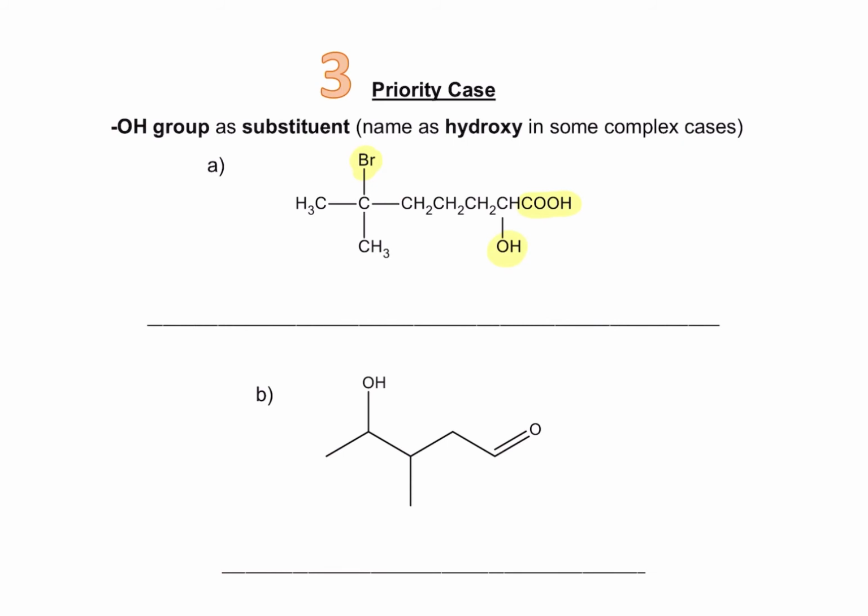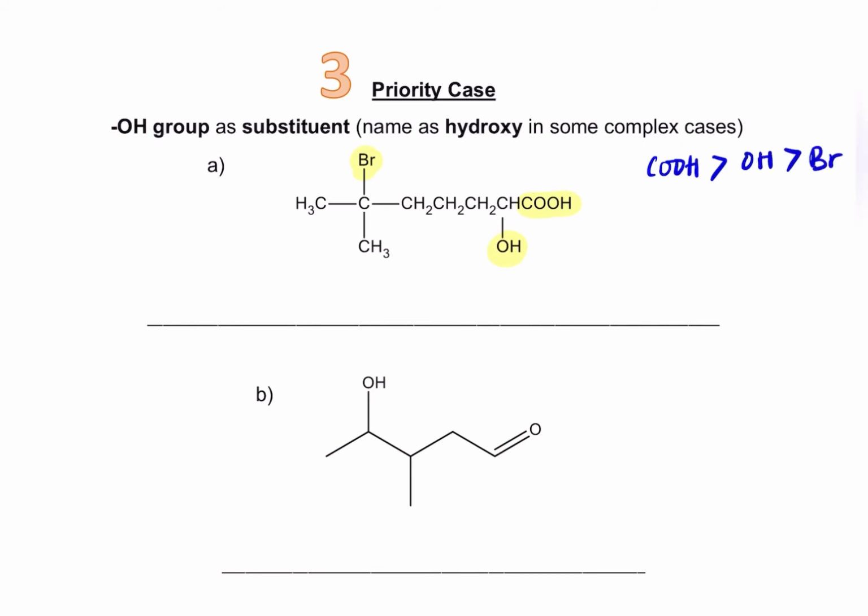Please remember chapter 4, you've learned about priority in aromatic compounds. So of course, the highest priority is going to be the carboxyl group. COOH is higher priority than OH and higher than halogen.